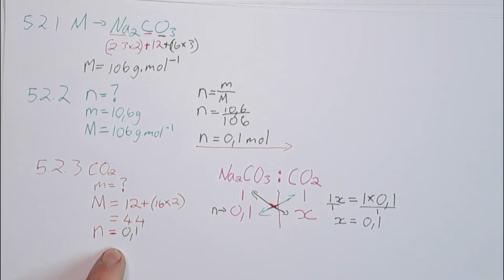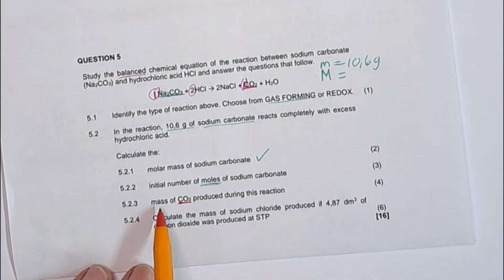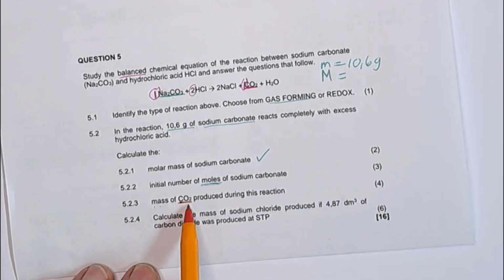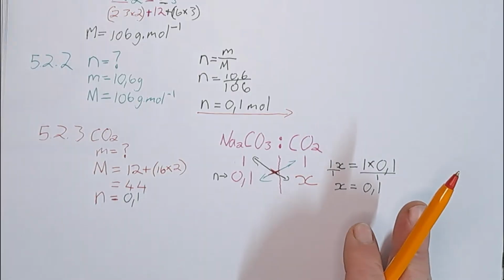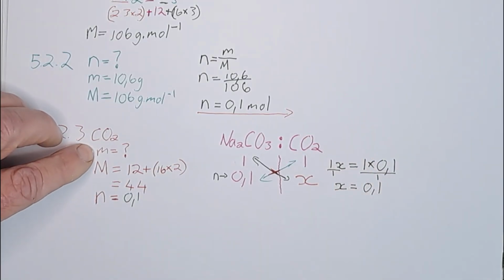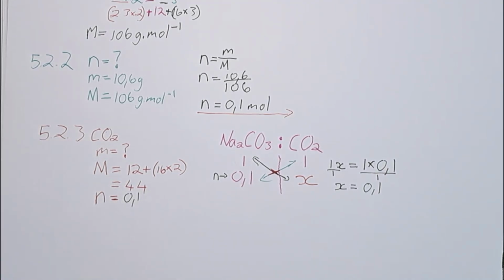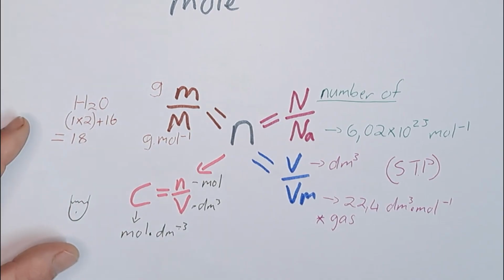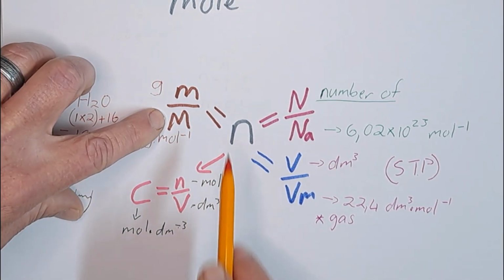All right, so if we go back to our question 5.2.3, the mass of carbon dioxide produced during this reaction. So we want mass, baby m. We've got baby m, molar mass and mole. We go to our formula sheet, even though we already know we want mass, we have molar mass, and we have mole.